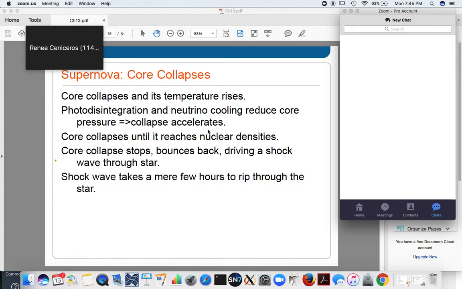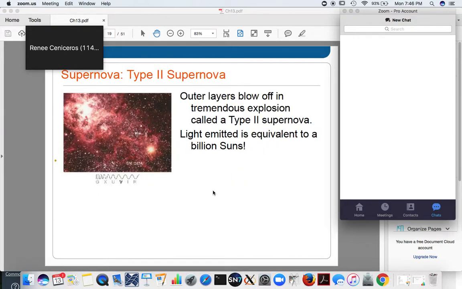It is 20 miles, right? And the material is so dense that it has a density similar to the density of an atomic nucleus, which is significant. And then the shock waves rip apart the star, go through the star, and then major energy is produced.